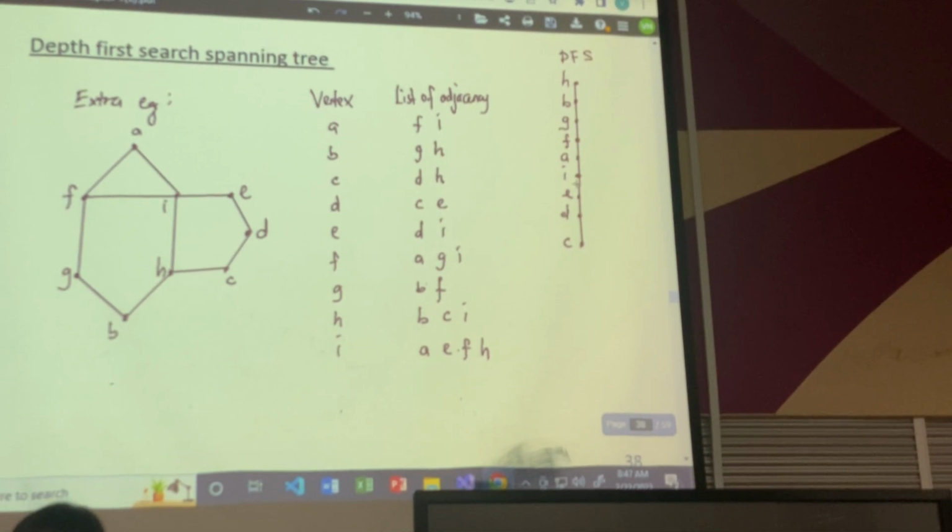All here already, right? So this is the depth first search.